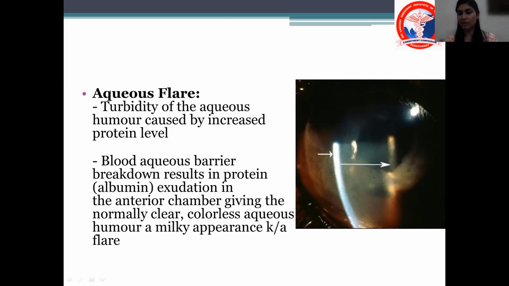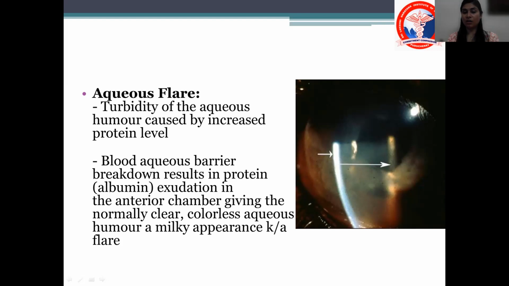Uveitis is very common in a patient of tuberculosis or sarcoidosis and rheumatoid arthritis or ankylosing spondylitis. So we have to evaluate the patient systematically, all the systems should be reviewed and blood tests should be done, and then the proper treatment can be given. The main emphasis in the treatment of uveitis is on steroids.